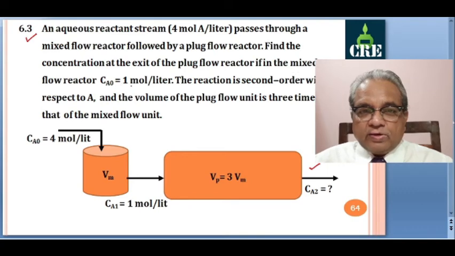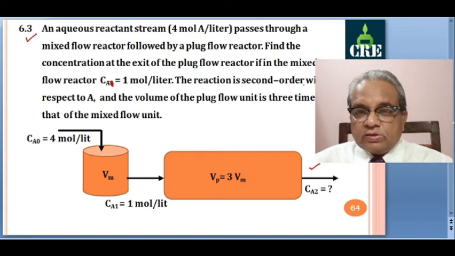If in the mixed flow reactor the exit stream is 1 mole per liter, this is Ca1.